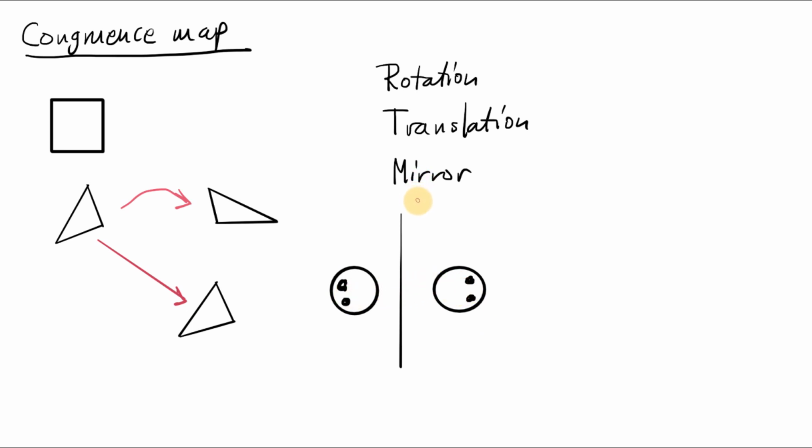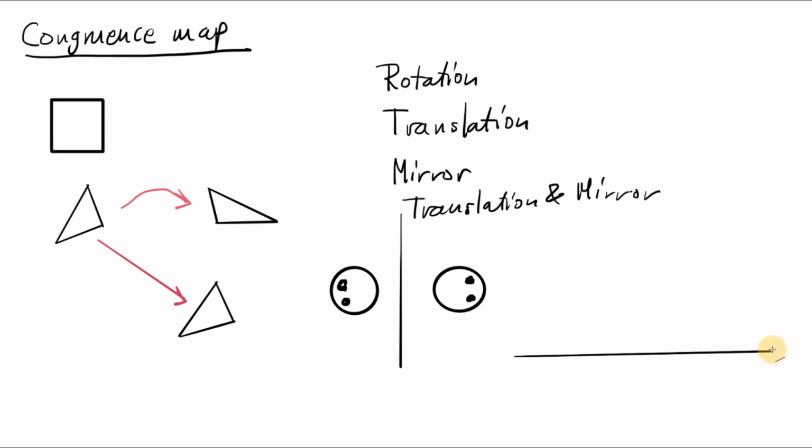And the last one is a combination of a translation and mirroring. So you have a line that you mirror in, and you have, for example, a footprint.